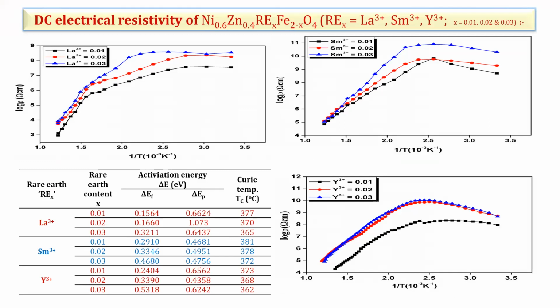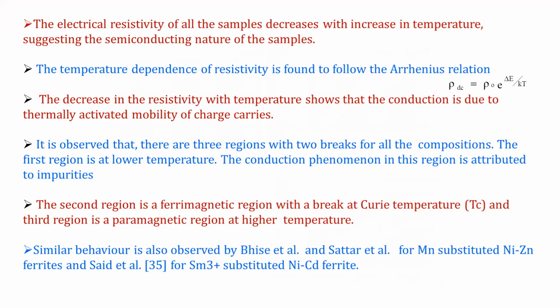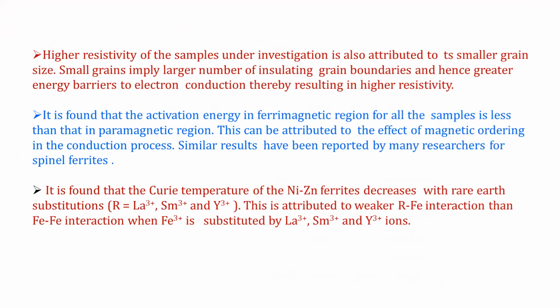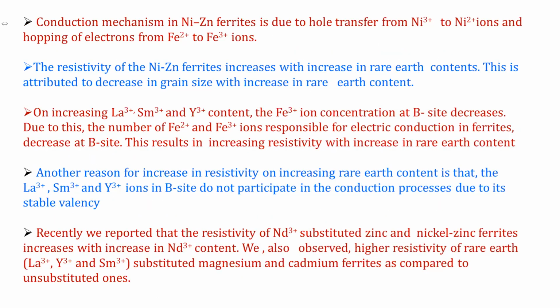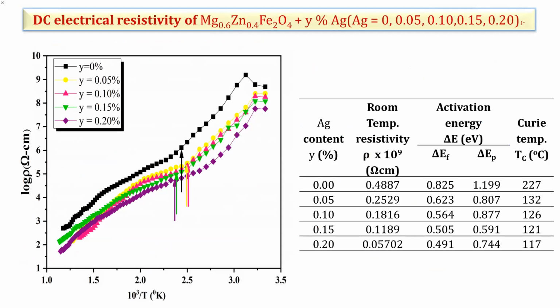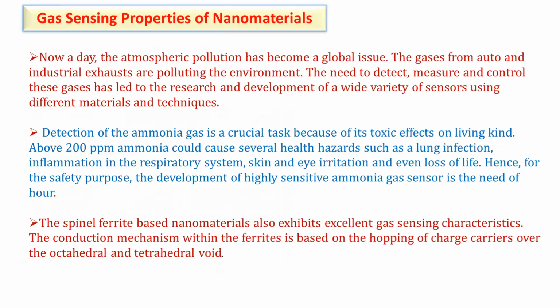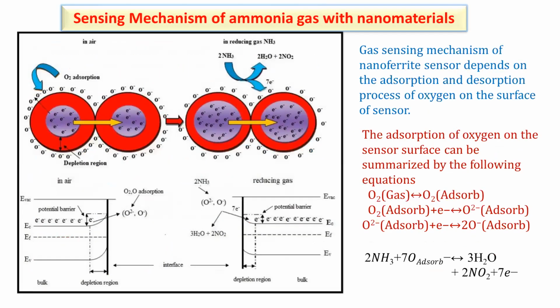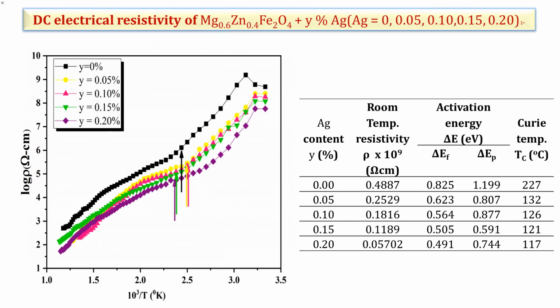Now the DC electrical resistivity of our samples. This is the DC electrical resistivity of Az doped MgZn ferrites.